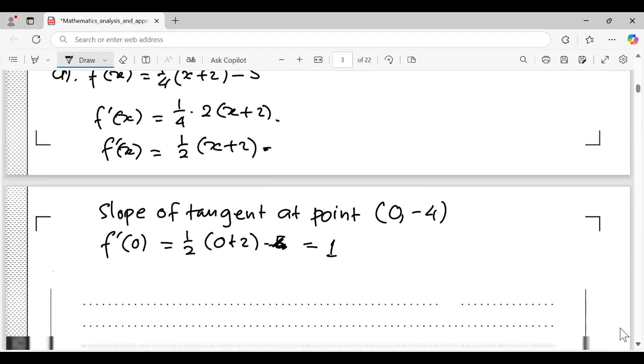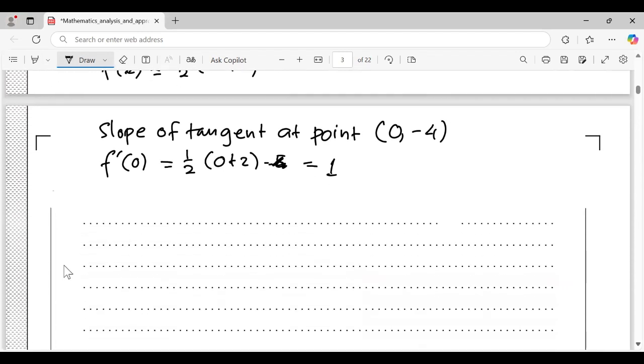Next, this is the slope of the tangent at P, 0 comma minus 4. I'm going to write it as m tangent equal 1.